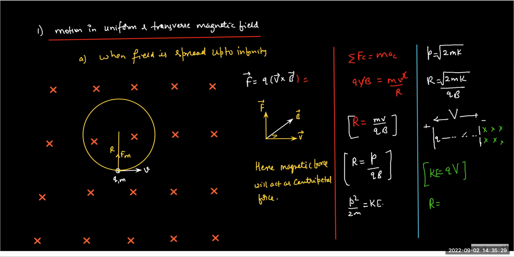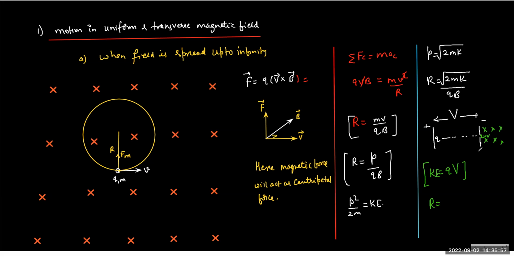First you accelerate for some time, and once you attain the velocity, you come out of this plate. Let's say this is some parallel plate capacitor, and once you accelerate, you come out of this, and then you enter a field. Or you can say the moment you come out from here with some velocity v, I switch on some magnetic field. That's the idea.